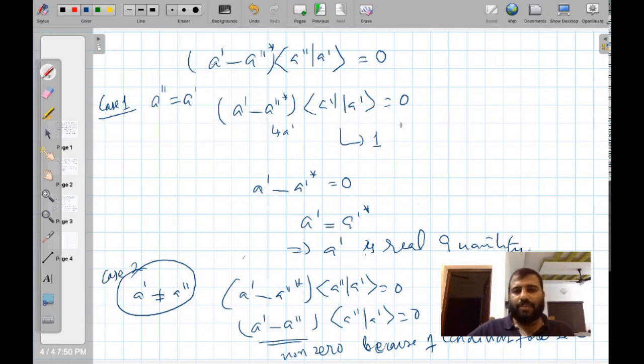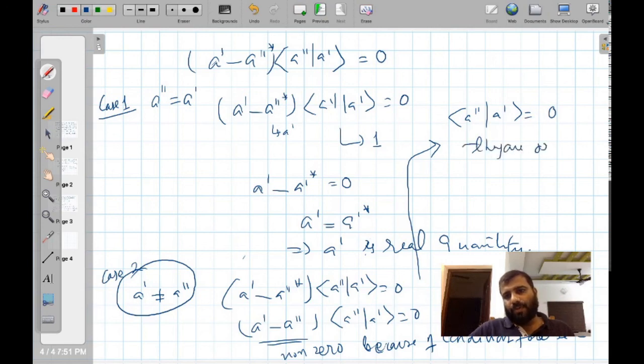The first part cannot be 0, which implies the inner product <A''|A'> has to be 0, which means they are orthonormal, because we have already chosen the A' to be normalized, this is a basis. So they are orthonormal here, <A''|A'> equal to 0. So this is how we prove it.